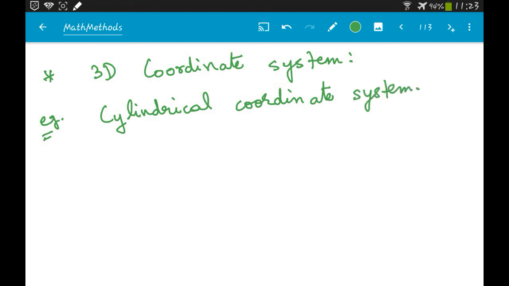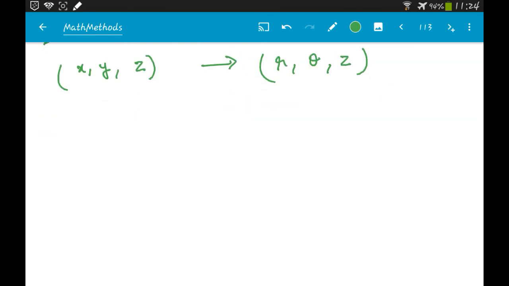In a cylindrical coordinate system, you change x, y, z, right? It's a three-dimensional coordinate system, so you have x, y and z, and you transform it into r, theta and z. So z remains the same, but there is r and theta as well. Okay, so this is your cylindrical coordinate system.